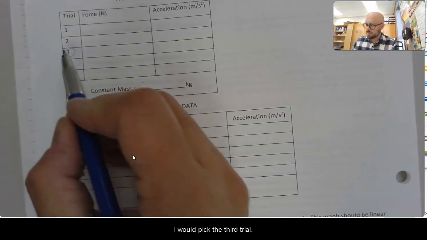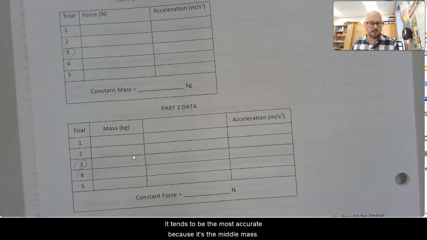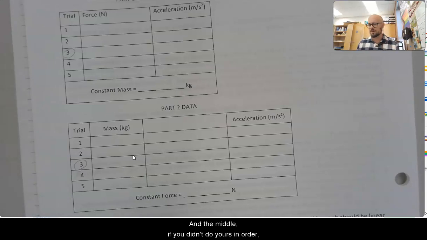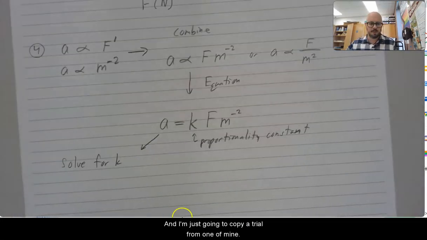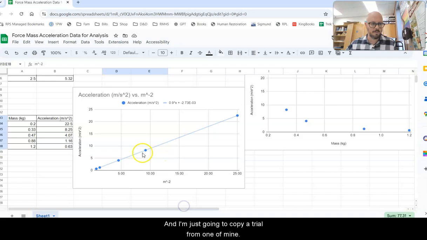I would pick the third trial. It tends to be the most accurate because it's the middle mass and the middle force. If you didn't do yours in order, try and find the middle trial in terms of mass or force in one of them. And I'm just going to copy a trial from one of mine.